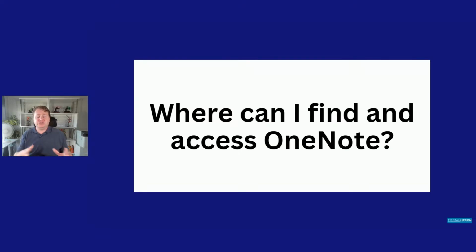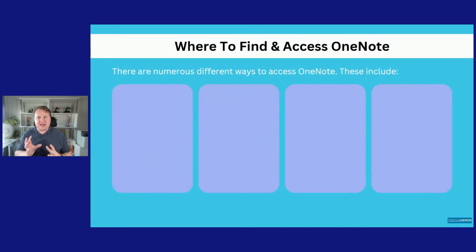It is definitely going to be synced across all of these versions. There is also a desktop version, but we're not going to talk about that one today. We're just going to focus on the online version. So where can you find it and how can you access it? Let's dive in and have a quick gander so that you know where to go to get started.